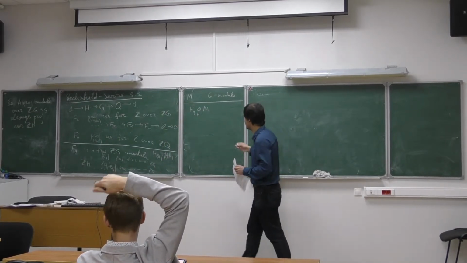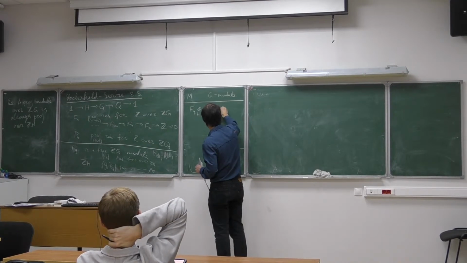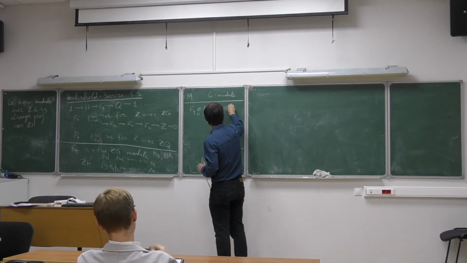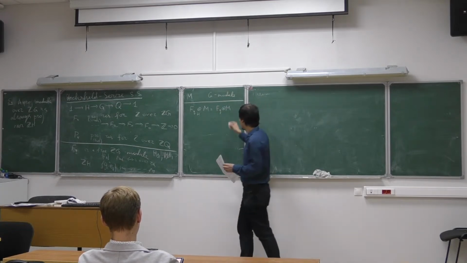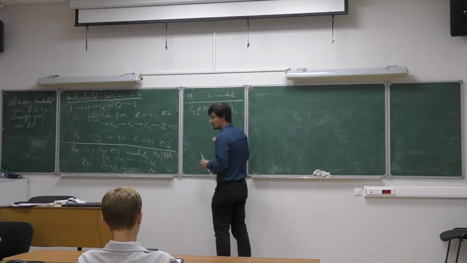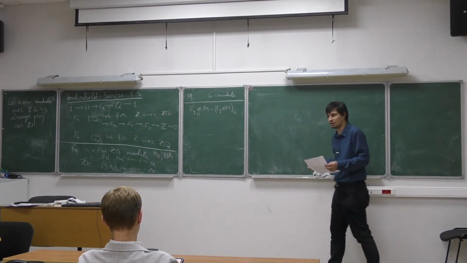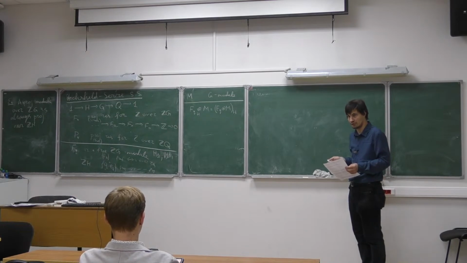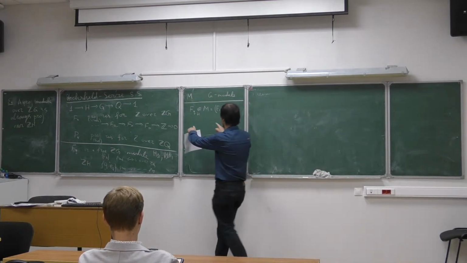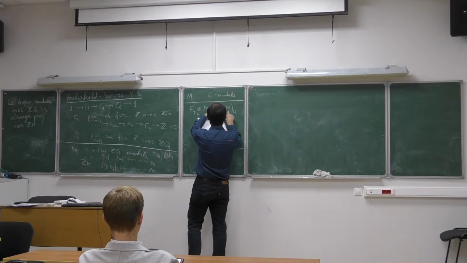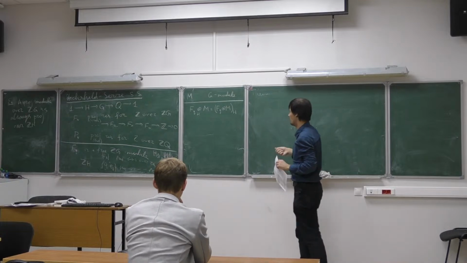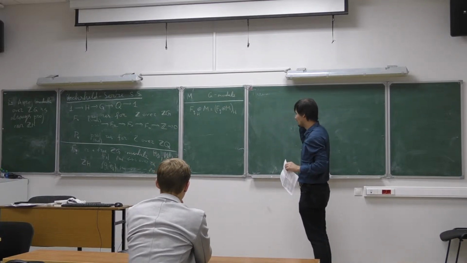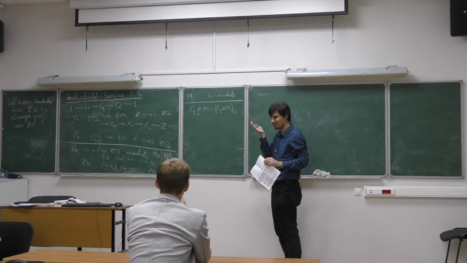What is it? By definition, it means that we take their tensor product just over Z as abelian groups, and then we take coinvariance. This is just the definition of tensor product over ZH. That we take the quotient of this tensor product by simultaneous multiplication by elements of H. Well, so what is coinvariance? Coinvariance is just quotient by the action of H. Yes?